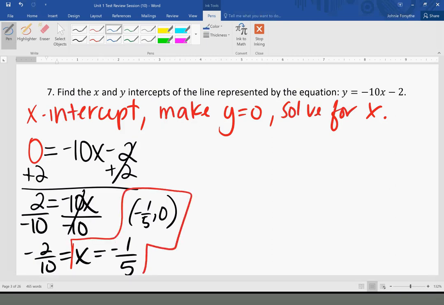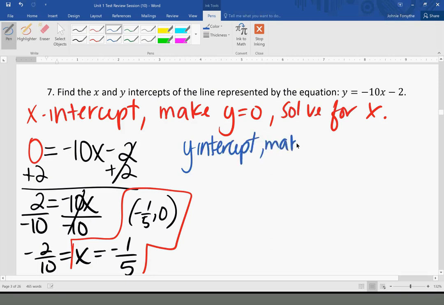Let's talk about the y-intercept. To get the y-intercept, you make x equals 0 and solve for y.